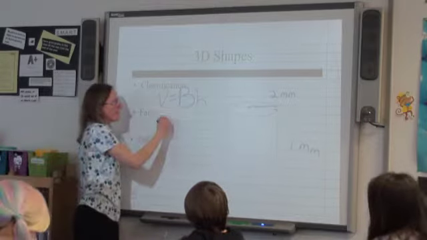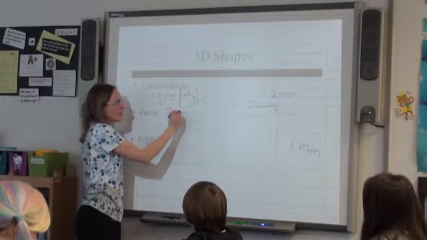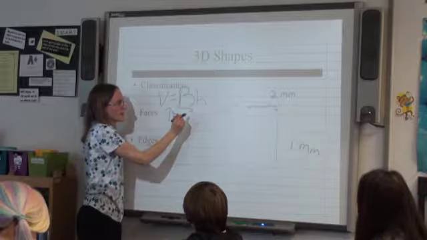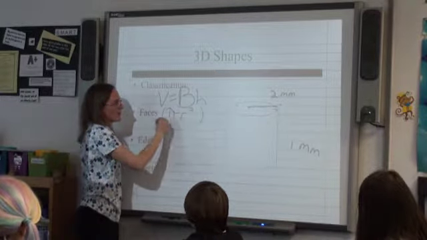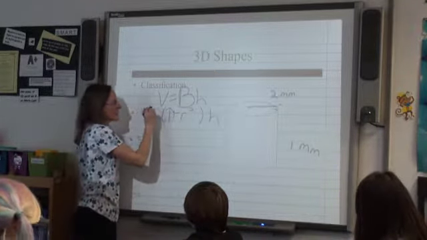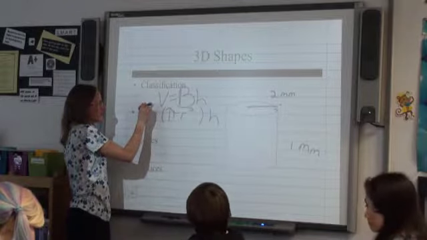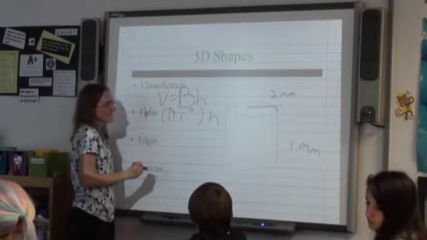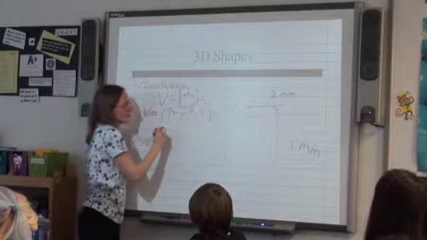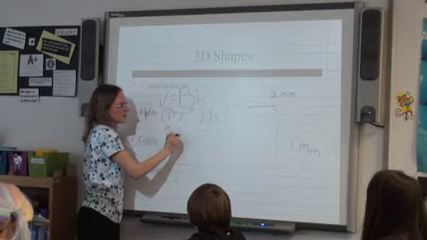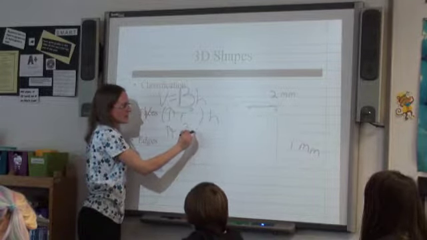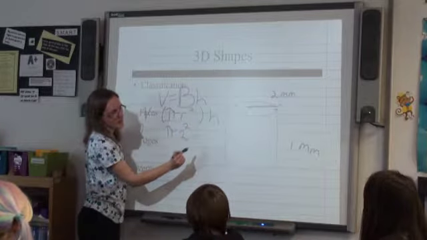So pi r squared. And then we need to multiply that by the height. All right, so what is the radius on this figure? So we got 2 millimeters. Pi times 2 squared times the height, which is 1.